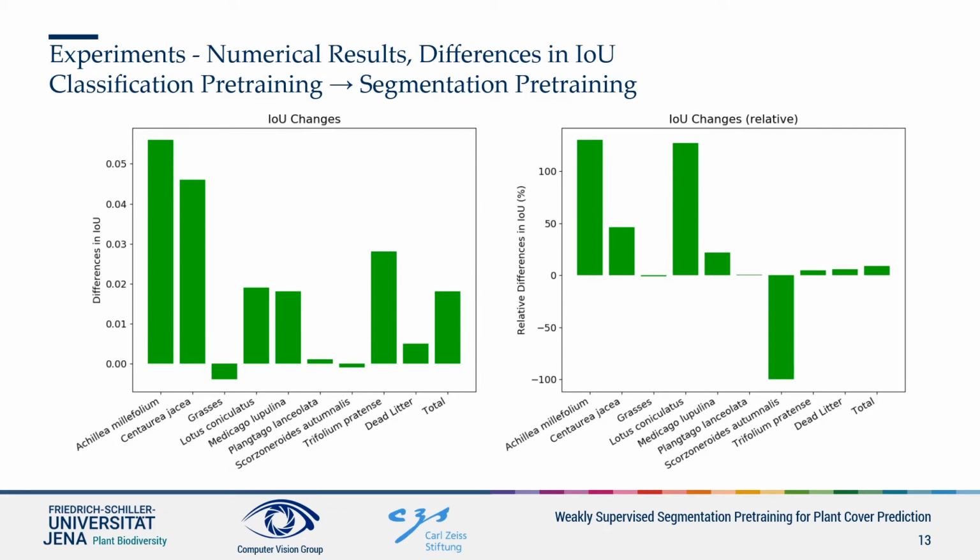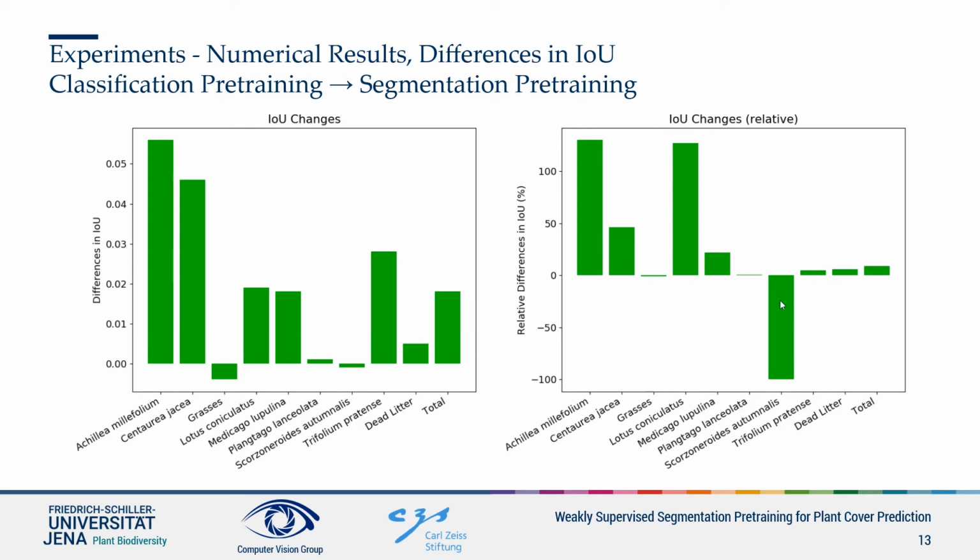Here we see the differences in the intersection over union when switching from classification pretraining to segmentation pretraining. On the left side, you can see the absolute changes in intersection over union, and you can see there's a general positive trend for almost all of the plants, except for grasses, for example. And we can also take a look at the relative changes for the plants on the right side. And there we can see that, for example, Achillea millefolium and Lotus corniculatus gain an intersection over union of more than 100%, which means the recognition rate of these plants basically doubles.